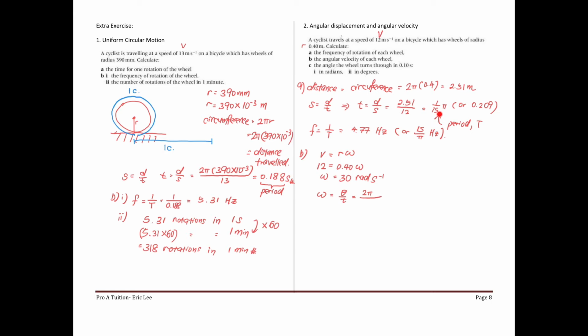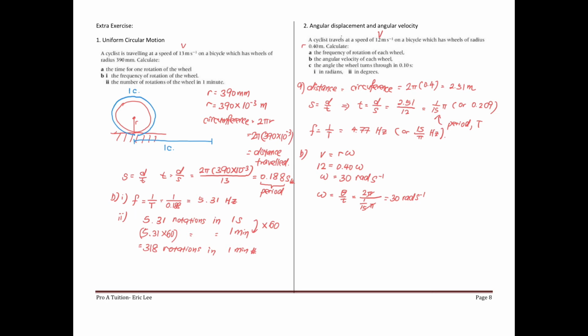We already know the period is 1/15 pi. You can substitute 1/15 pi at the bottom, and you cut the pi, you get 30 radian per second. So these are the ways to do it.